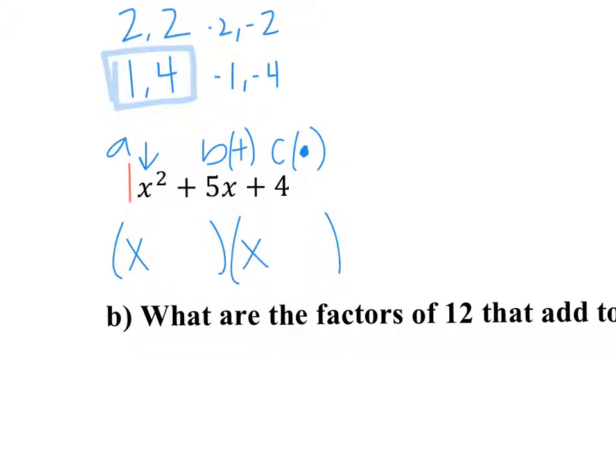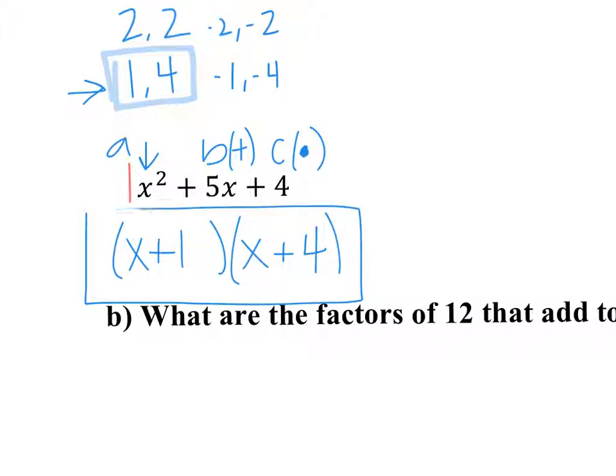So I'm going to write x plus 1 and x plus 4. How did I get plus signs? Why aren't they minus? Because the factors I found up here, my 1 and my 4, were both positive. That is how I would factor that polynomial.